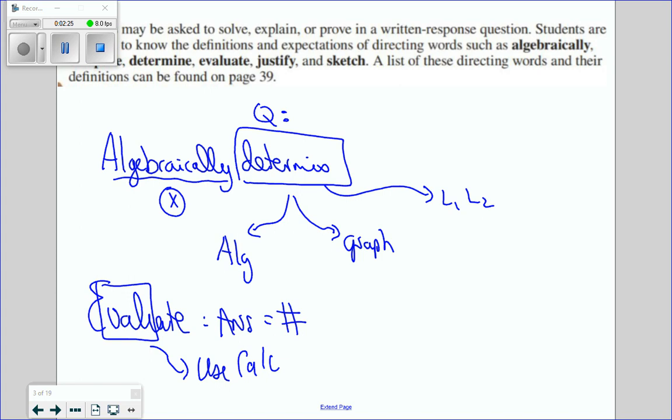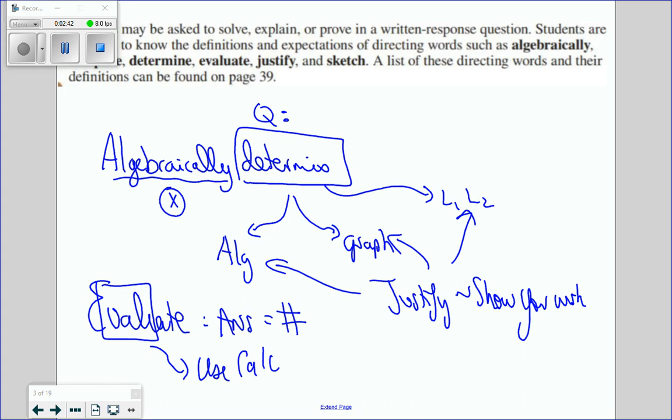So you just plug 7 in. That's it. If the question says justify, that just means show your work. Now, that work could be a graph, it could be algebra, it could be regression. It could be anything. It just means show your work. If you just write down an answer on a page without work, you're not going to get full marks.